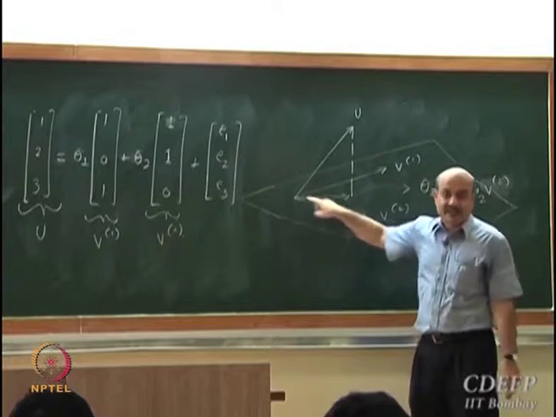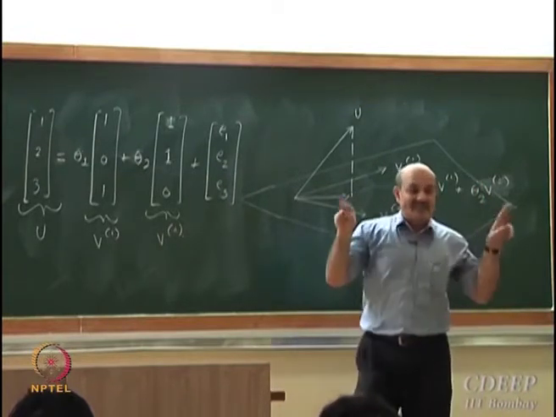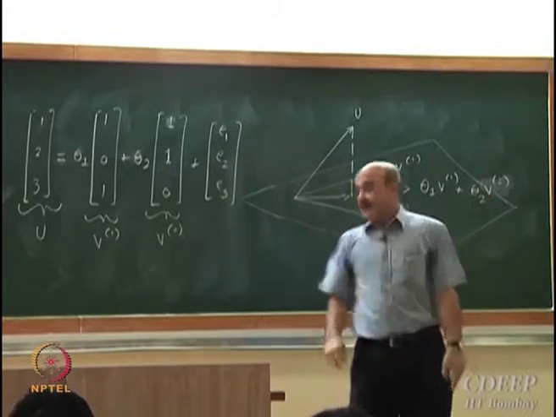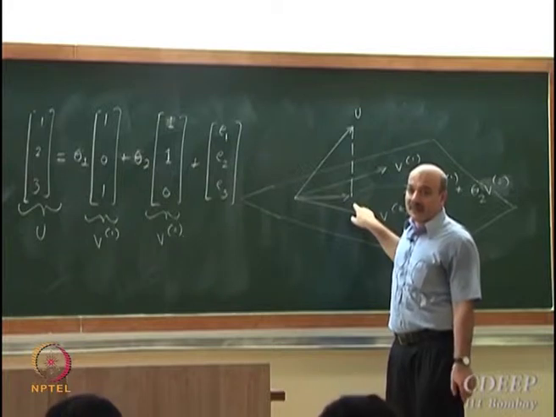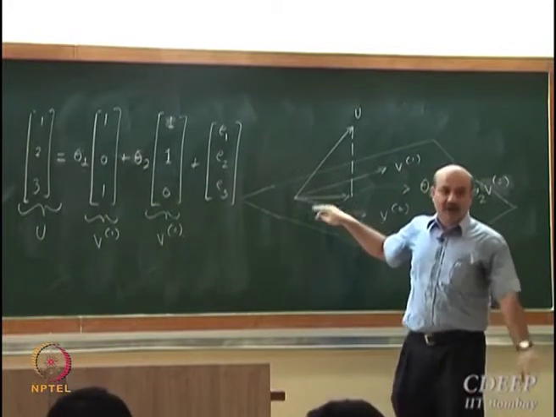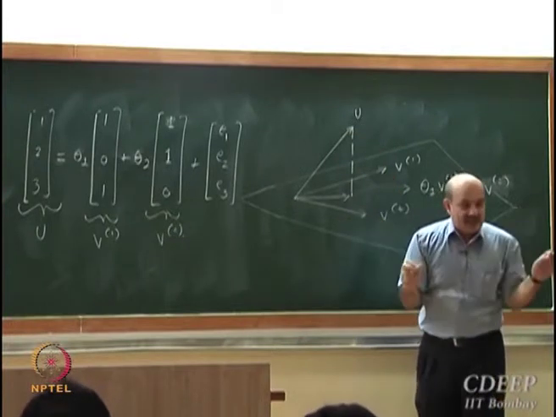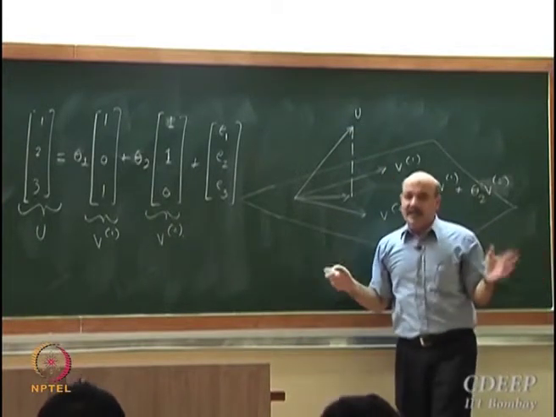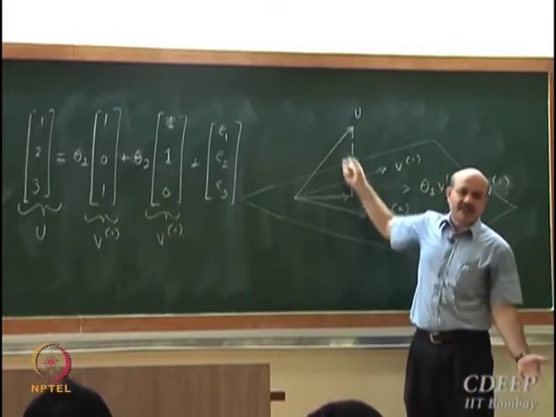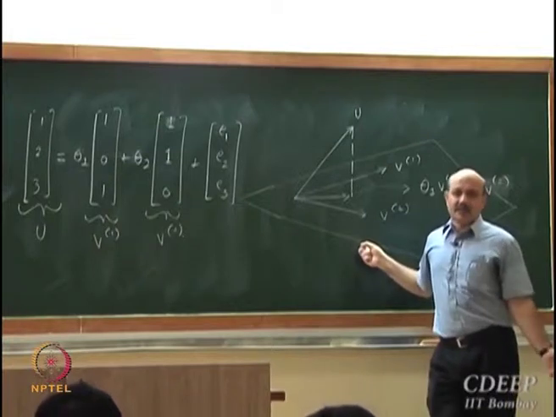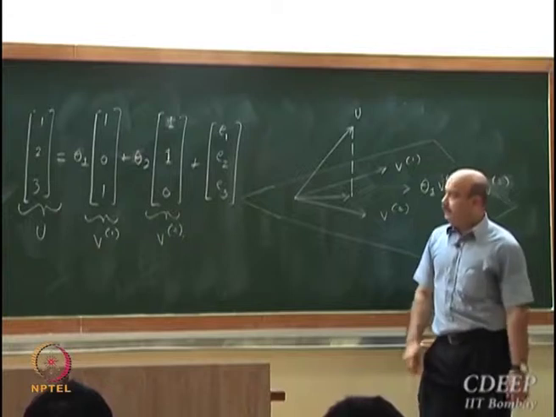I will show that this point is the least square approximation of this vector in this plane. I want to find the best approximation of this vector in this plane in the least square sense. From school geometry I know, just drop a perpendicular. This is the point which is closest to this plane.